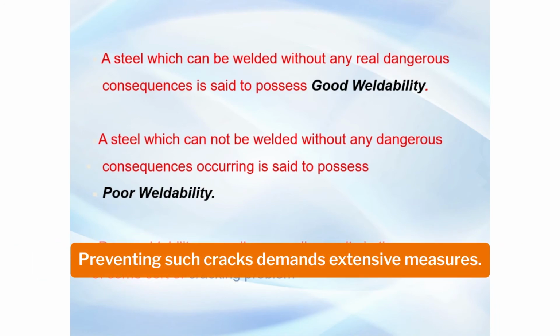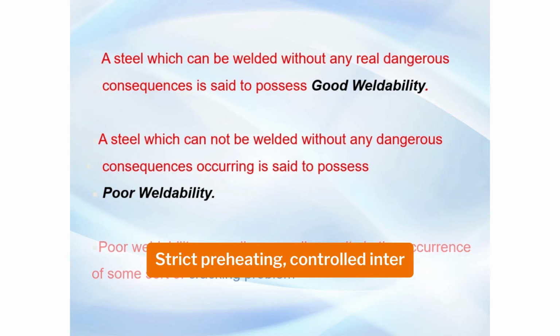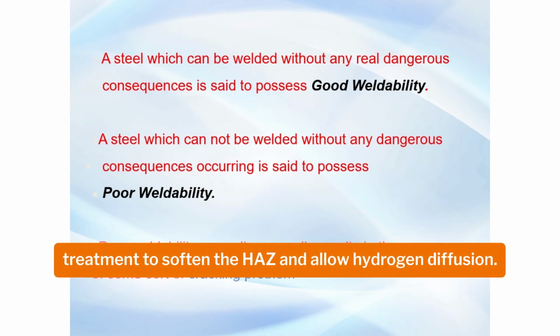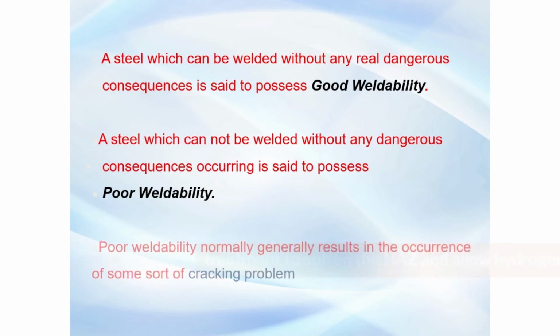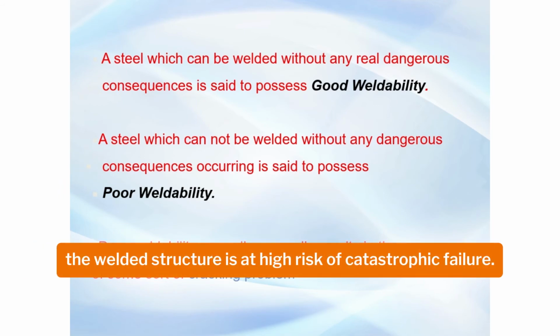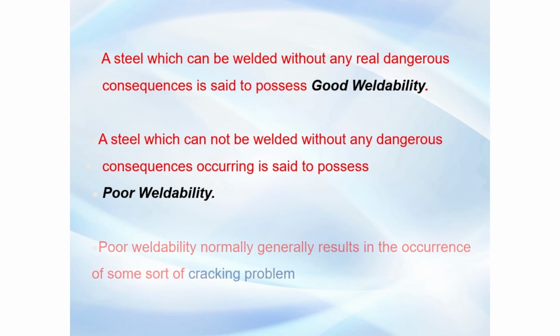Preventing such cracks demands extensive measures: strict preheating, controlled interpass temperatures, and precise post-weld heat treatment to soften the HAZ and allow hydrogen diffusion. Without these rigorous procedures, the welded structure is at high risk of catastrophic failure.